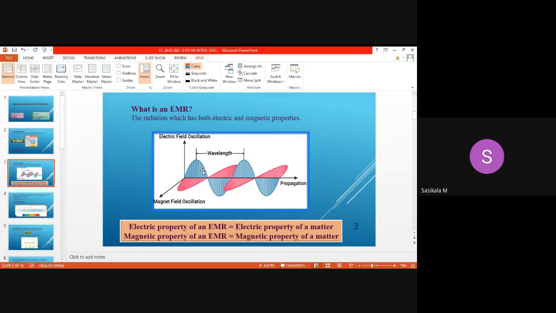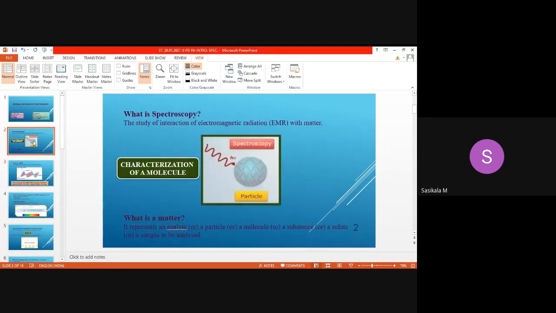So electromagnetic radiation has electric property and magnetic property when it passes through vacuum or in the way of propagation. Now you have learned what matter is and what EMR is. What actual interaction takes place?